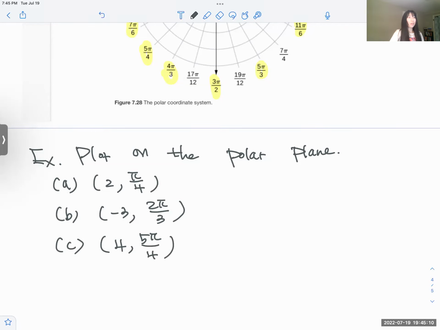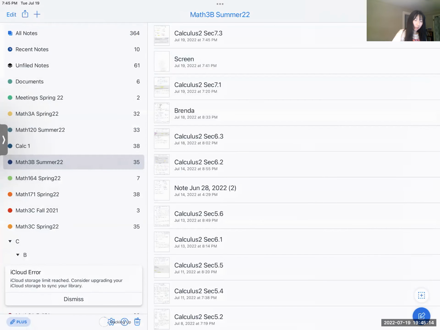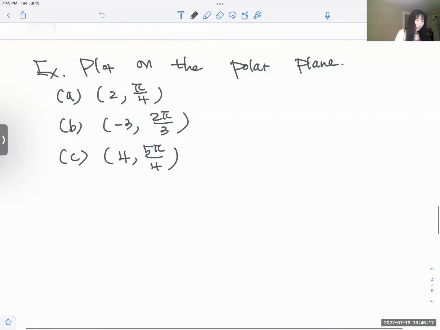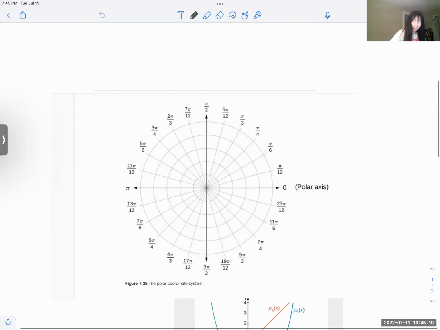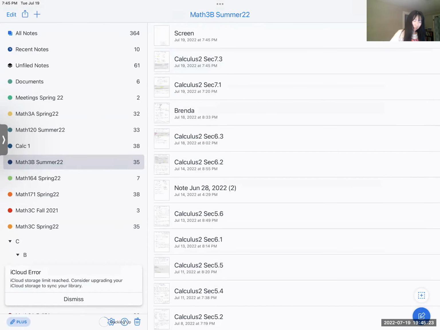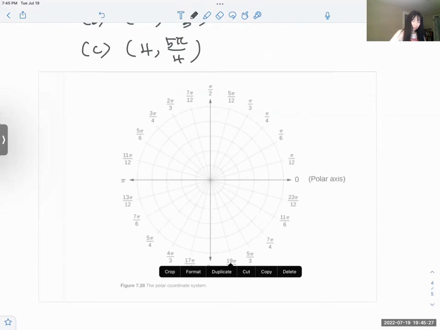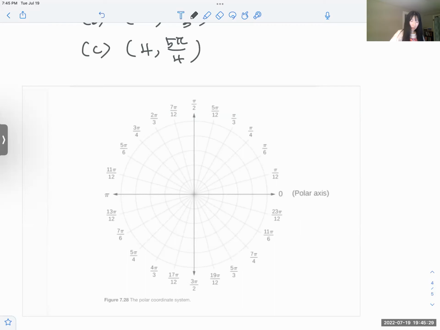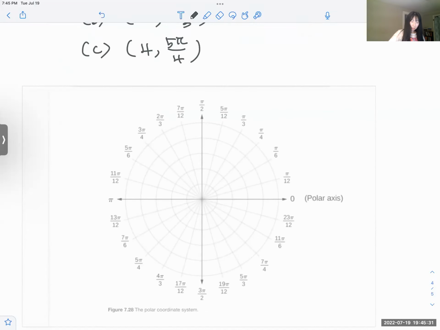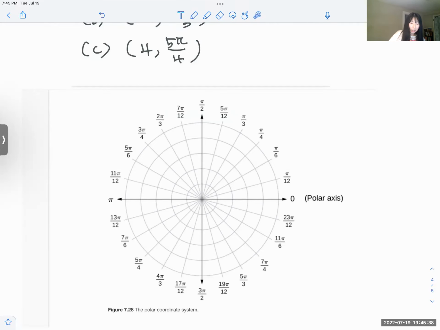Let me bring one more thing. It's big enough to see. All right, so how do we measure the radius?